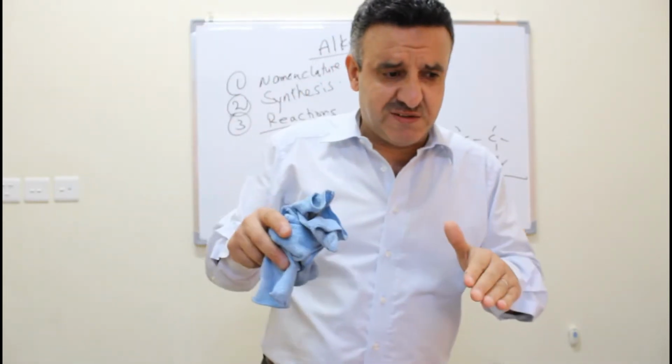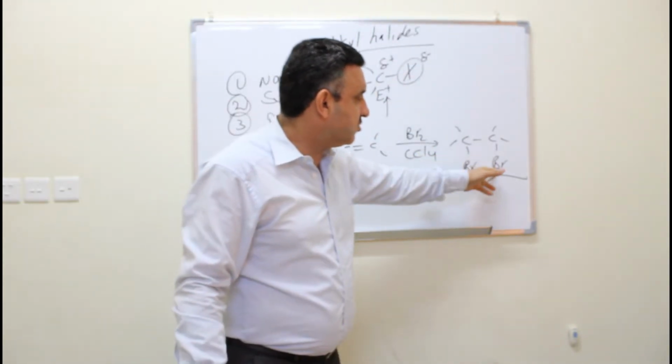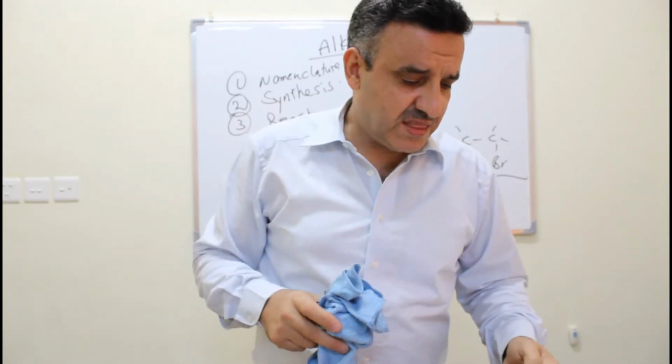So if we have a cyclic system, the two bromines will be trans to each other, as you can see in the example in the slide.